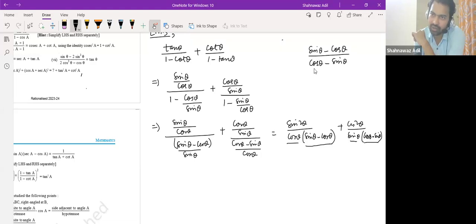What can I do with this so that I can make this equal to this, or write it in terms of this one? How can I write this one with respect to this one?